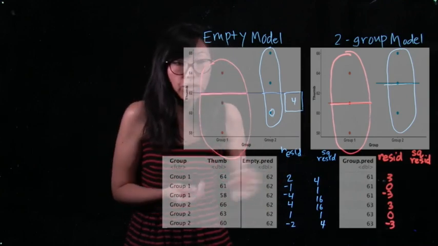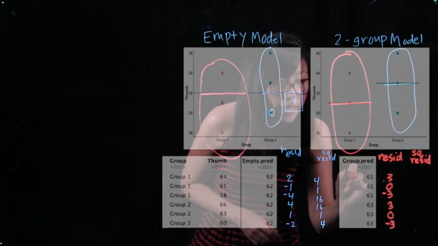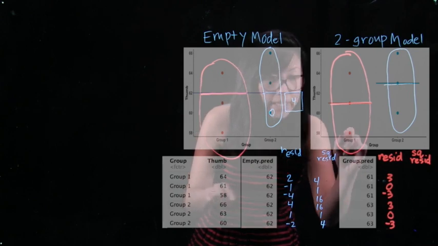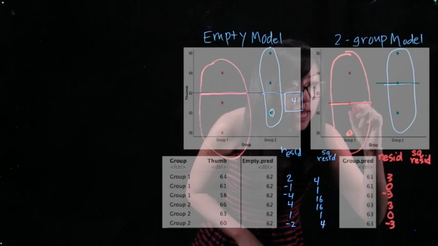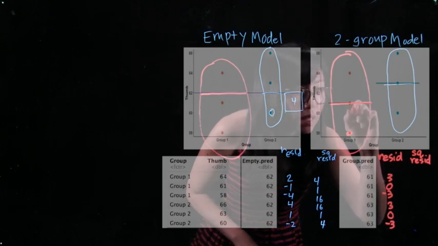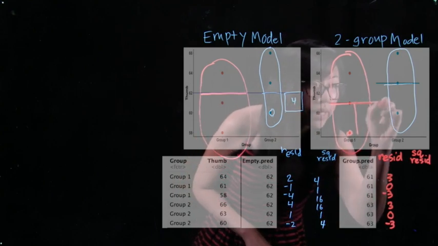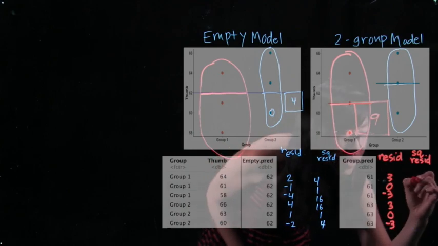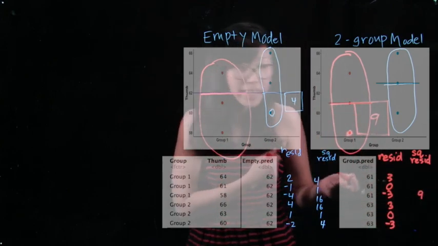And then I can square those residuals. Just to illustrate what I'm doing, we could take this data point, 58 in group 1, right here. I'm taking the residual, which is -3, and squaring it to get 9. I'm going to do that for all of my data points.